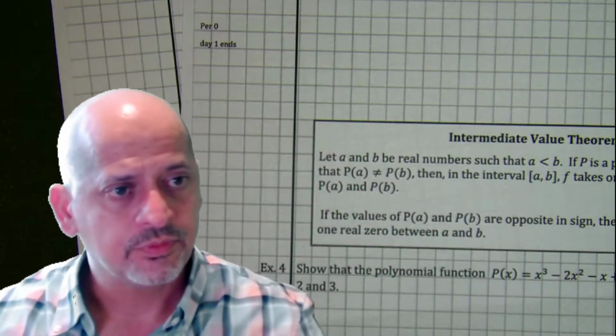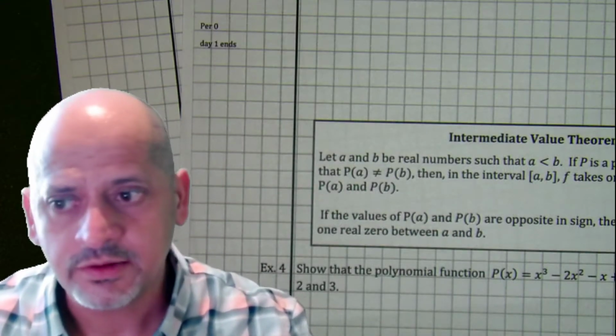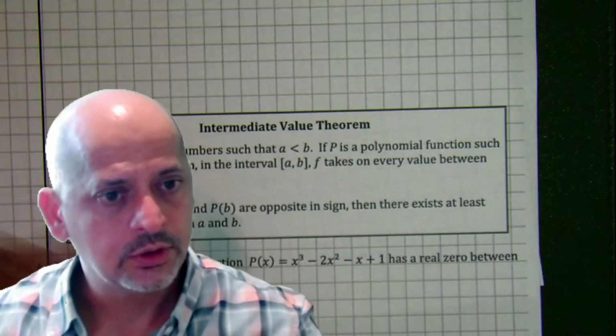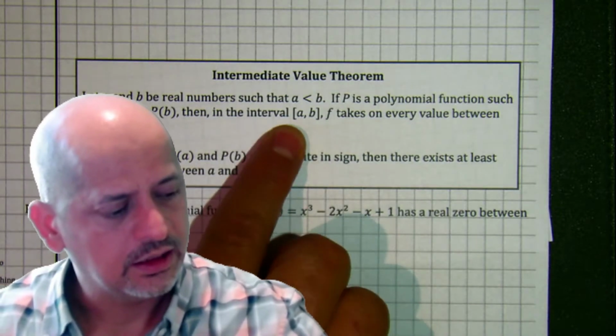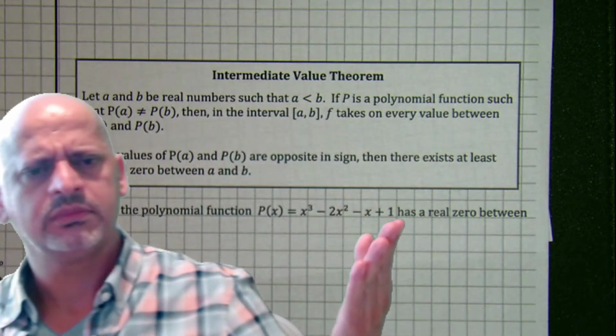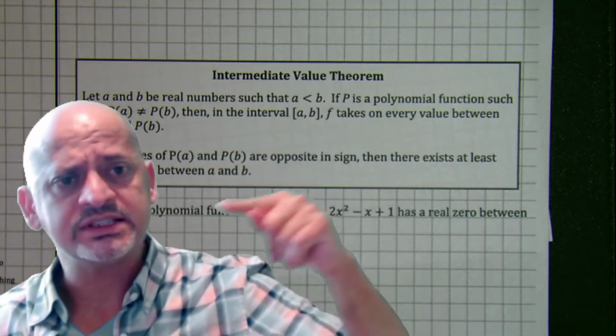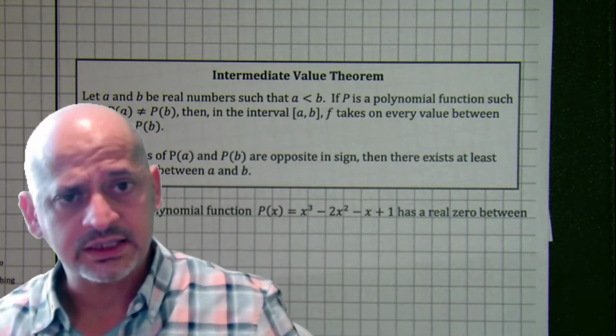It tells you that throughout the interval, there exists a value at every single point in between, including A and B. That makes sense, right? According to a graph, if there exists a value, since it's continuous, that's going to be always the case.